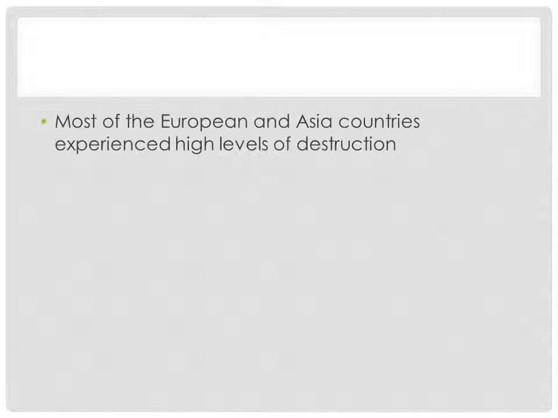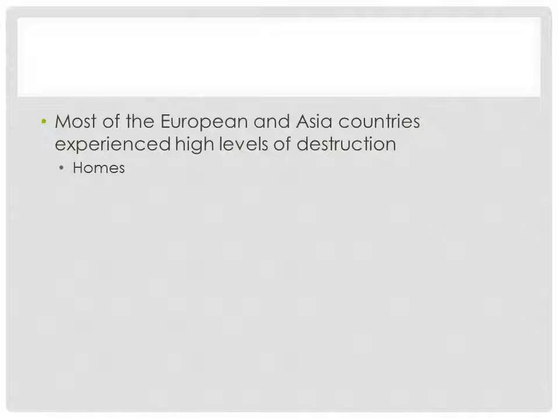So before we get started, there's some overall things to consider and remember as we sort of pile on the information. Most of the European countries who participated in World War II experienced high levels of destruction, as did Asia.